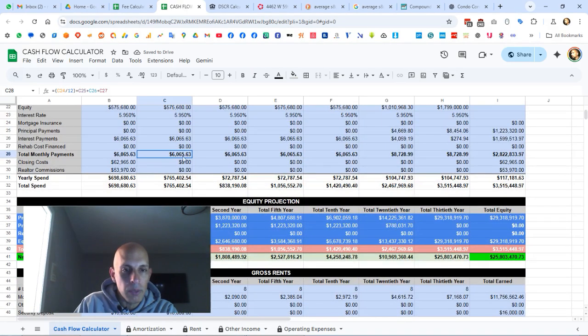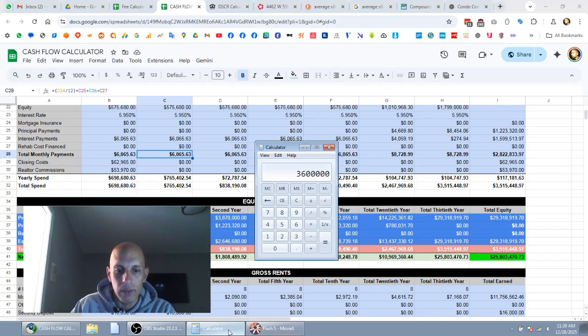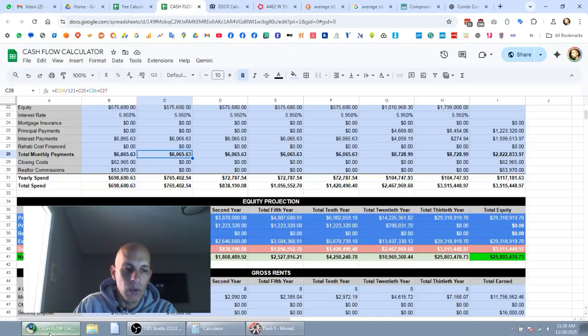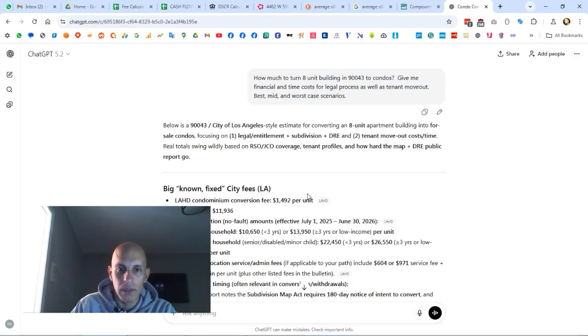So our interest payments are $6,065 a month, 6,065 per month times 12. Well, let's say 14, right? Or however long ChatGPT says is going to take us. So for 8 units, the conversion cost is almost $12,000.